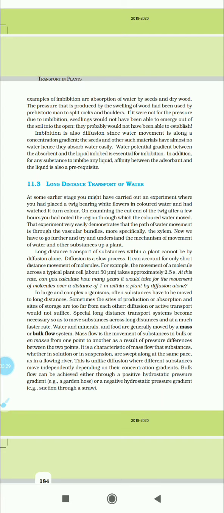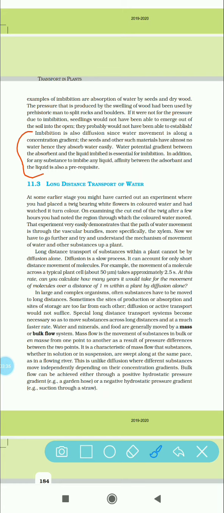Basically the seeds and all this material will absorb the water easily. So a water potential gradient will be formed from where there is high psi W to where there is low psi W, and this will lead to the liquid being imbibed, and that is what we call imbibition.